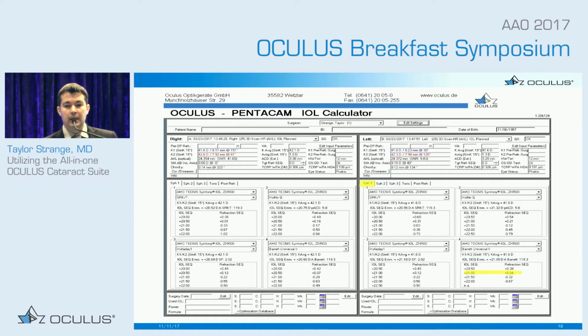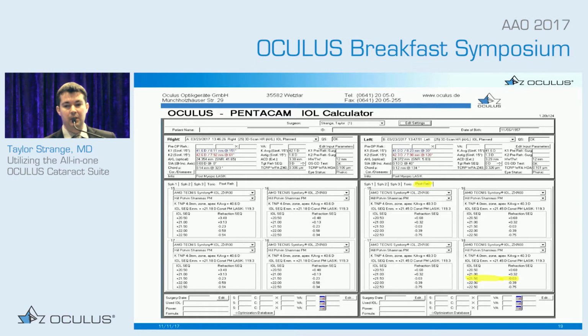And again, here's the tab that you see with the printout on the IOL calculator. If I didn't know that she had LASIK before, I would go with this 21 diopter lens. But when you click on the post-refractive tab, it's actually a 21.5 diopter, which would have given me a hyperopic surprise in this case had we not had the post-refractive calculator built into the Pentacam.